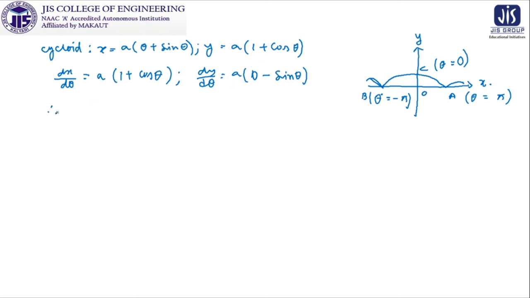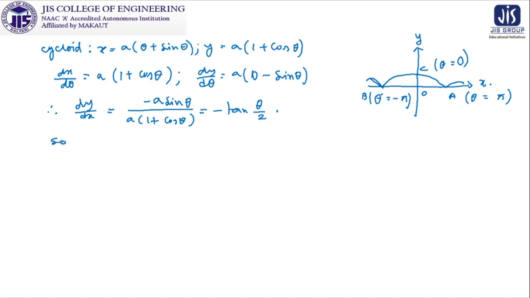So dy dx is equal to minus a sin theta by a into 1 plus cos theta. After simplifying, we cancel out this a and we get minus tan theta by 2. It is just coming from trigonometry.